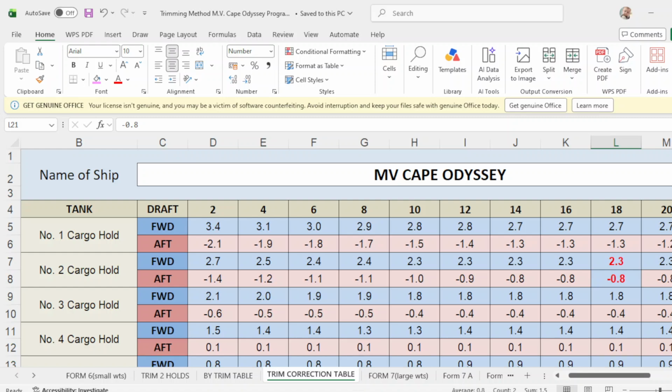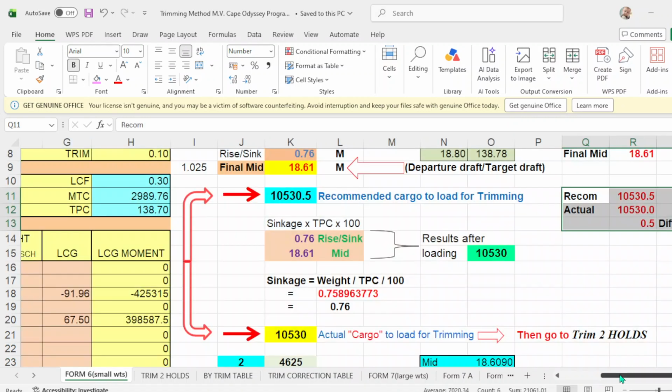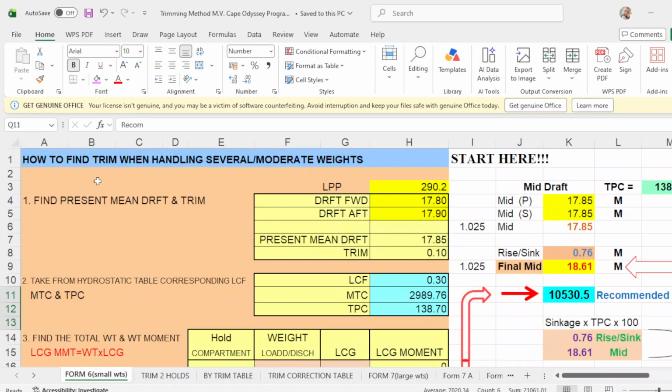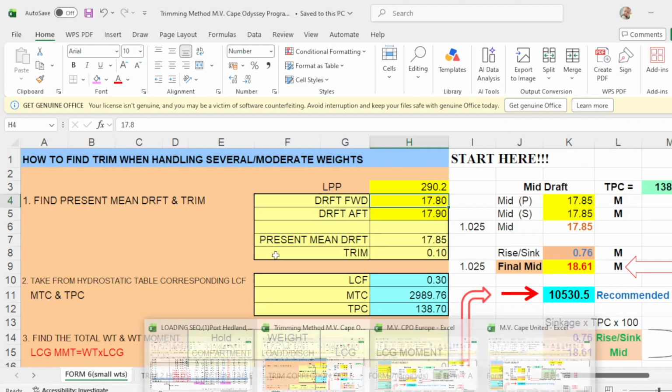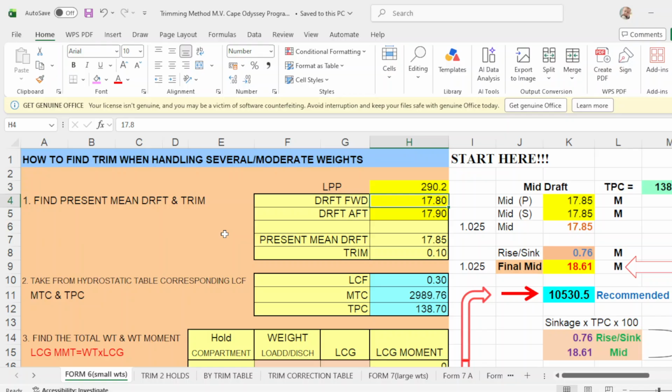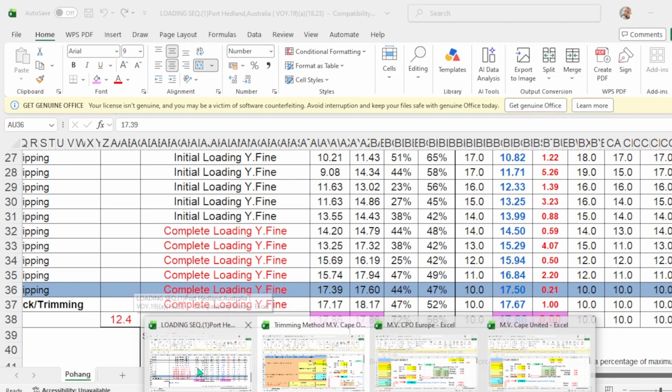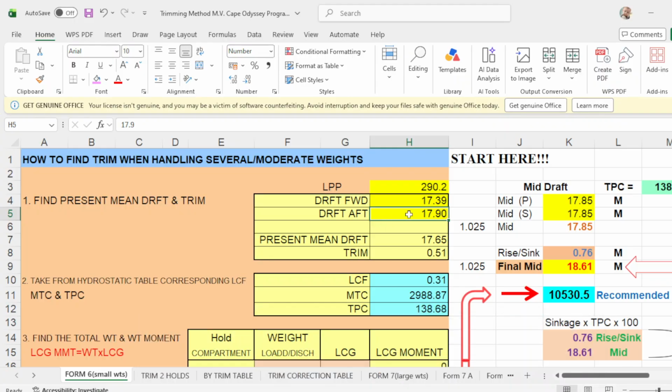Okay. Then we start with form number 6. Form number 6, which is how to find trim when handling several moderate weights. So what was the forward draft? Forward draft was 17.39, so you put here 17.39. And aft draft is how much? 17.60.